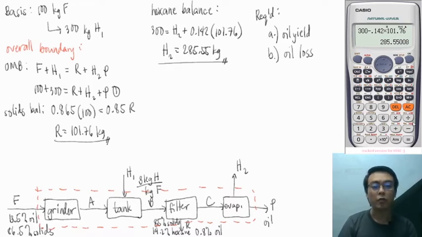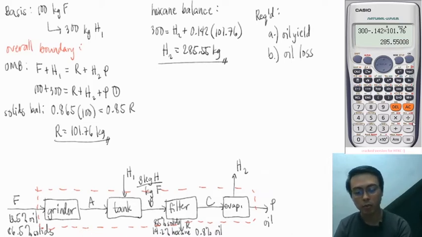Now, since we have values of R and H2, sorry, this should be plus.